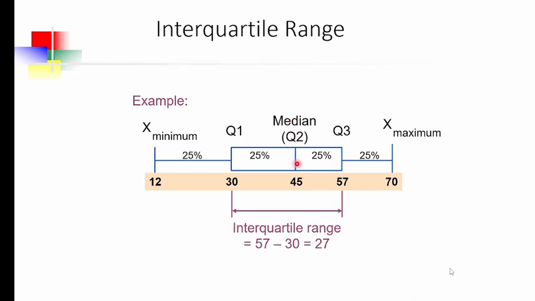And the median is 45, that is 50% and 50%. And the third quartile is 57, that is 75% and 25%. So the interquartile range is the third quartile, 57, minus the first quartile, 30, that is 27. Right?